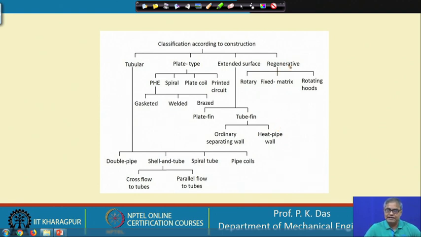Then regenerative heat exchanger: we can have a rotary kind of regenerator, we can have a fixed matrix kind of regenerator, and we can have a rotating hood type of regenerator. Again, as we will spend some time on regenerators, I am not giving any description at this moment, but it is important to know that we can have different constructions in regenerators.